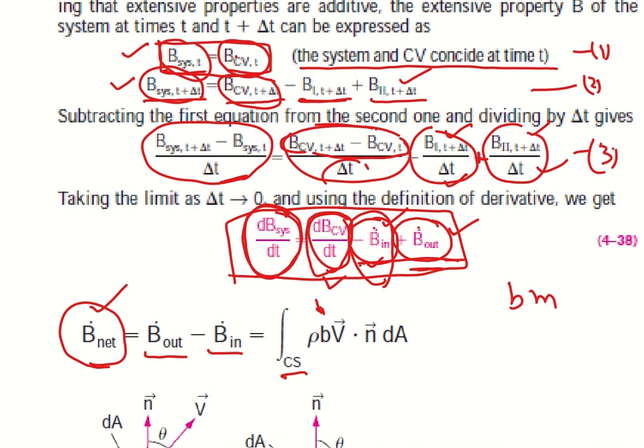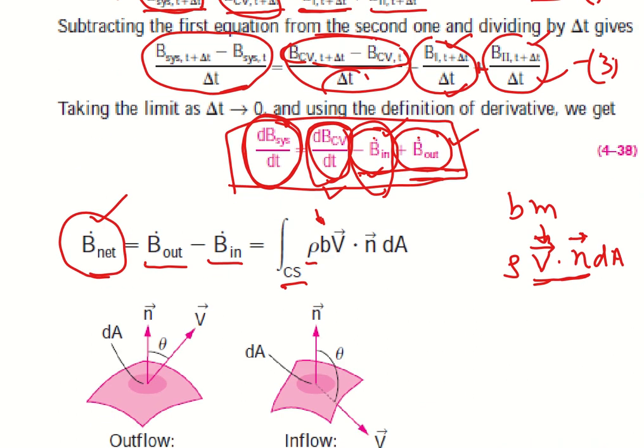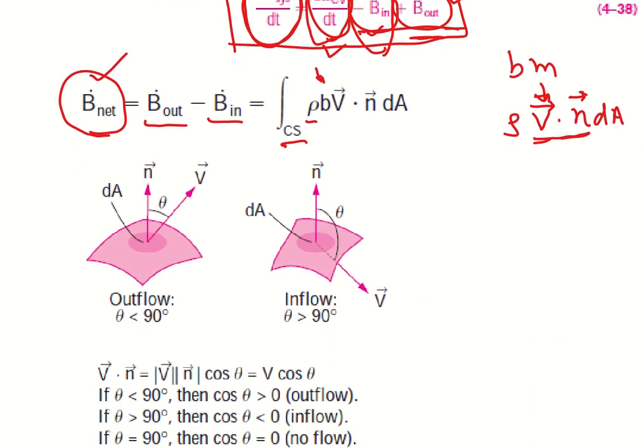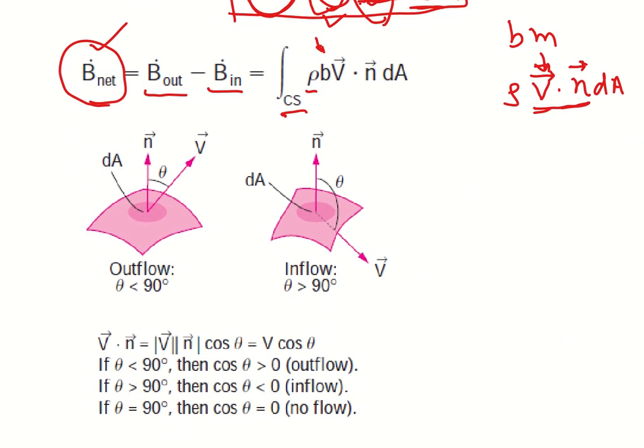So that is taken as rho b multiplied by, so m is expanded like this, rho multiplied by v, which is a vector quantity, dot n, where n is a vector which is perpendicular to the infinitesimally small cross sectional area. So v dot n represents a dot product, and dot product is a scalar quantity which is explained here.